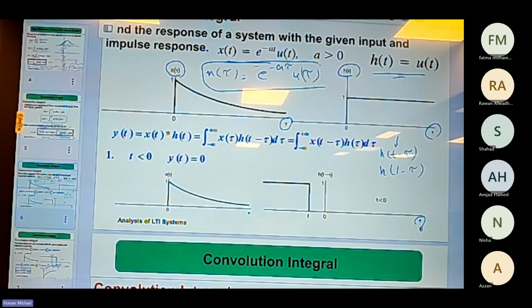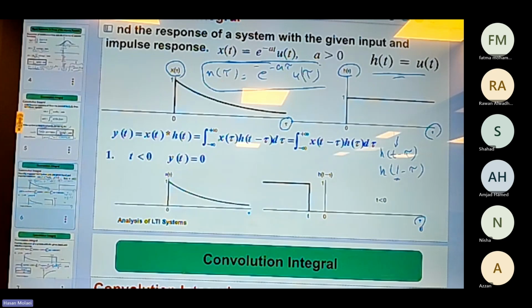First, we do time shifting to the right or left, and second, multiply tau by minus. For plus 1, I go to the left. For minus 3, that's to the right.